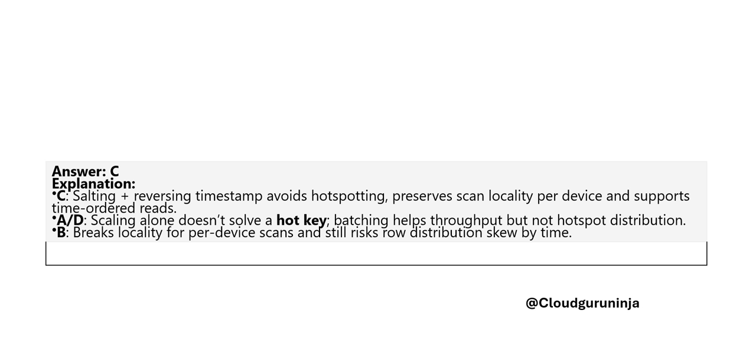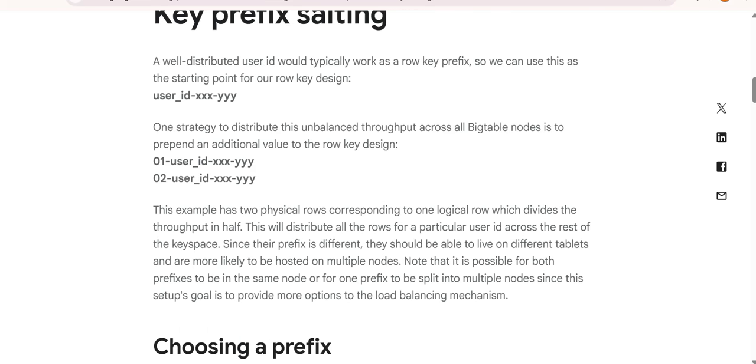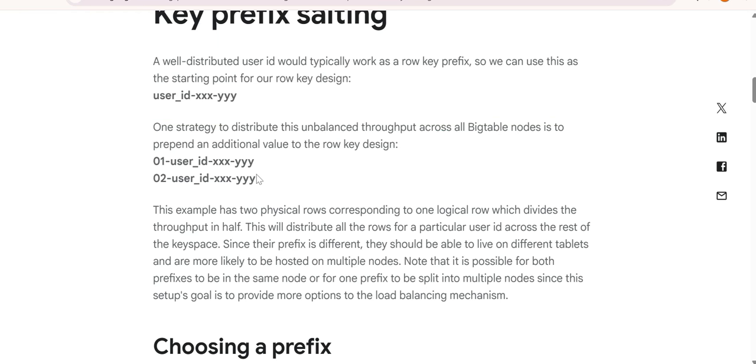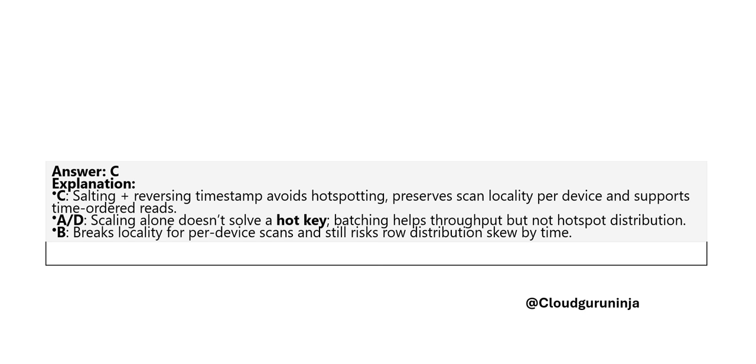Bottom line is, celebrity accounts get a lot of traffic, and that can cause hotspotting. So we do salting. We will have a strategy to distribute this unbalanced throughput by adding a prefix. This means that instead of one logical row you have two physical rows, so you distribute the traffic across multiple nodes. This is called salting.